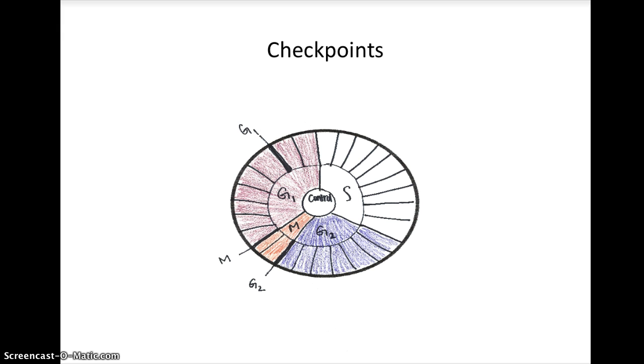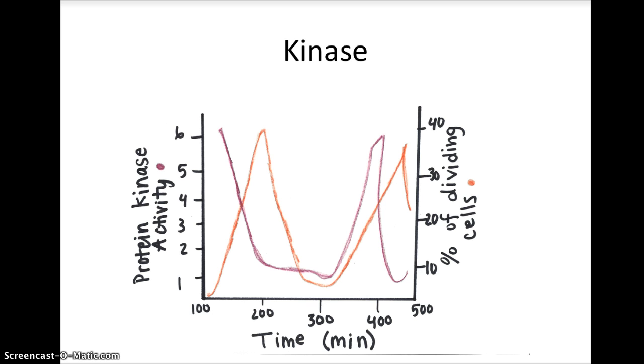The checkpoints receive signals from cellular surveillance mechanisms that report on whether crucial cellular processes have occurred properly and whether or not the cell cycle for that particular cell should continue. The cell cycle clock is also controlled by cyclins and cyclin-dependent kinases.